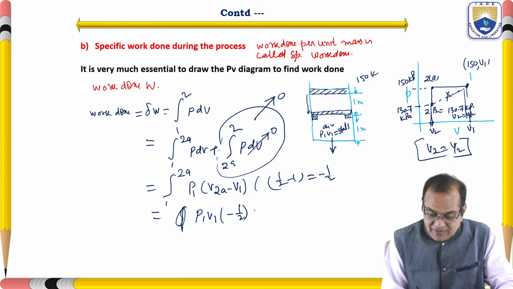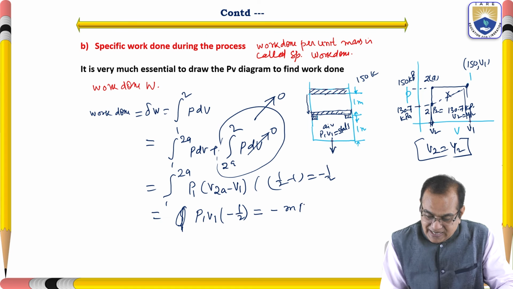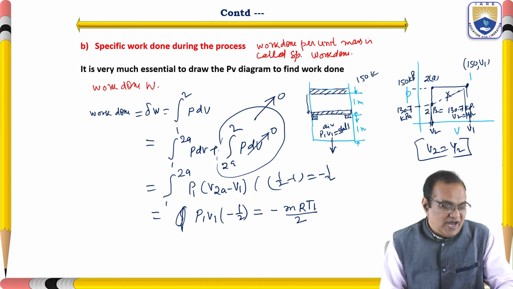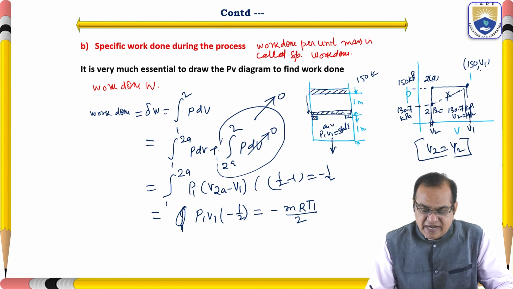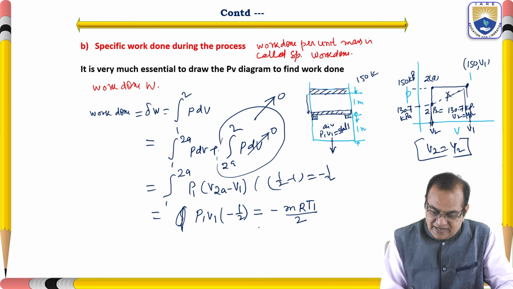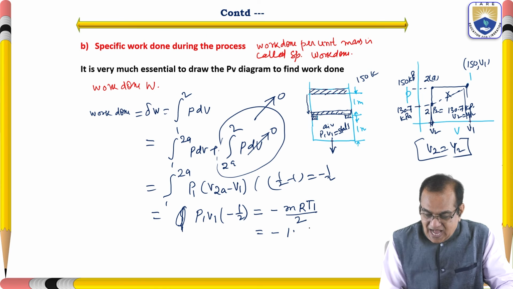So we can do here, the minus PV is equal to minus mRT1 by 2. So we know the T1 is given. So here for the 1 kg, because it is per kg, R is 0.278 and T1 is 673 divided by 2.